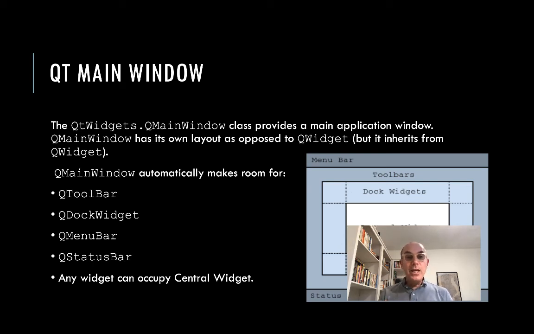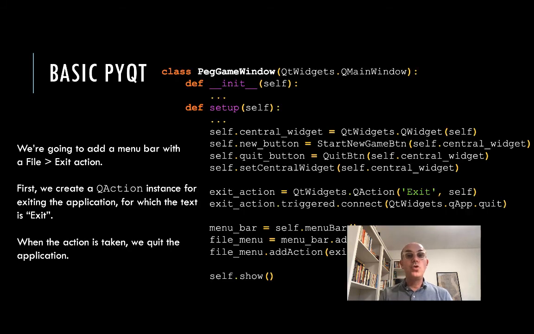The QMainWindow has a layout, as opposed to the QWidget interface. The QMainWindow automatically makes room for the QToolBar, the QDockWidgets, the QMenuBar, the QStatusBar, and any widget can occupy the central widget. Those are the things that we are looking for.